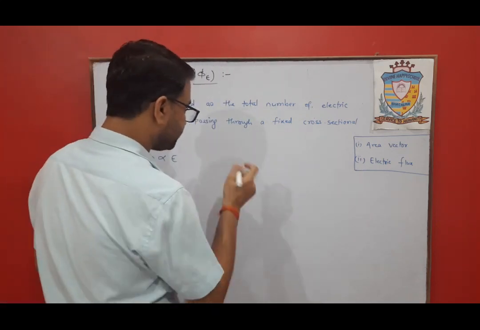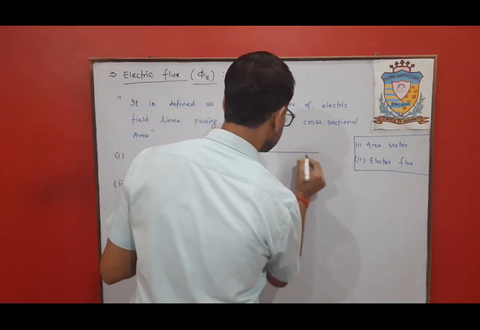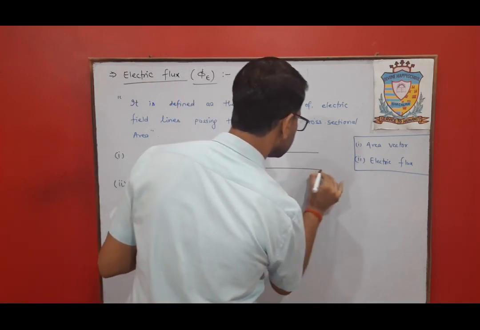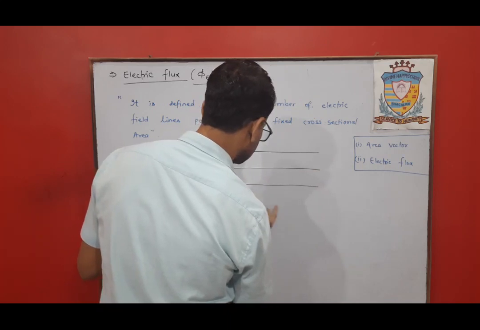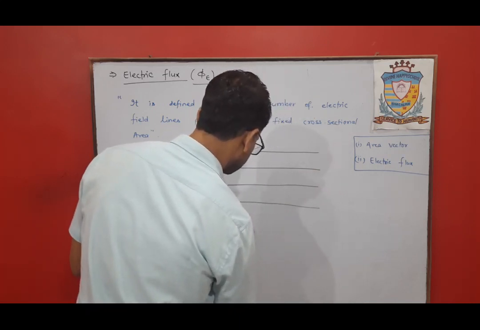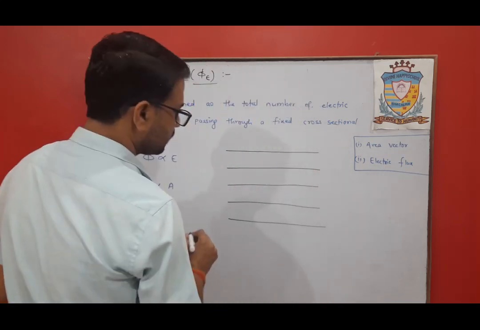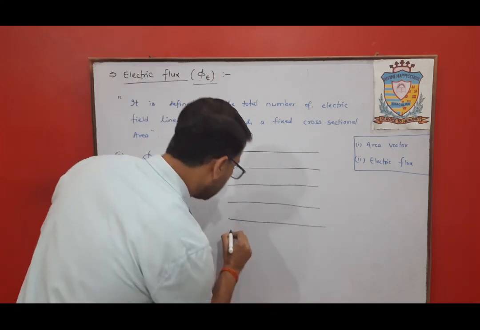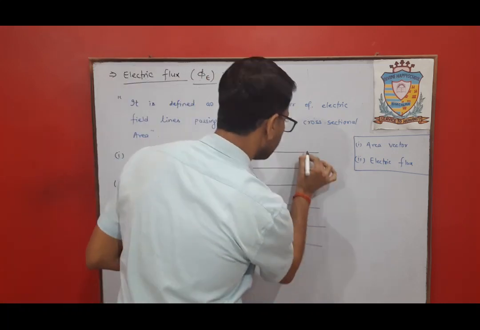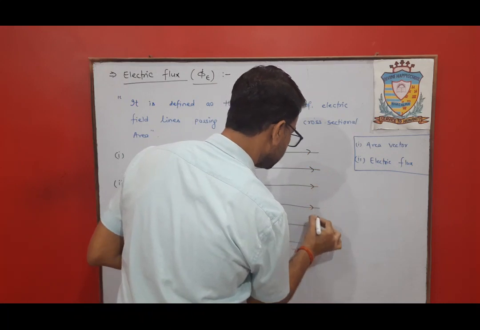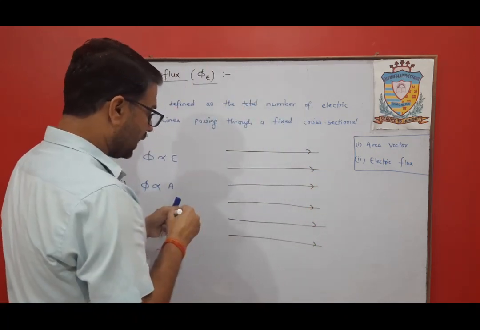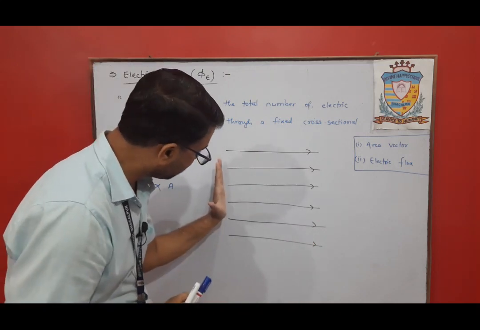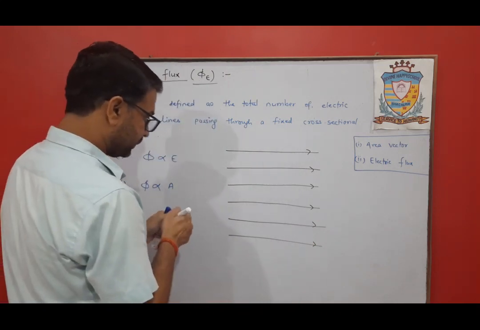Suppose this is a uniform electric field, and one area vector is kept over here like this.